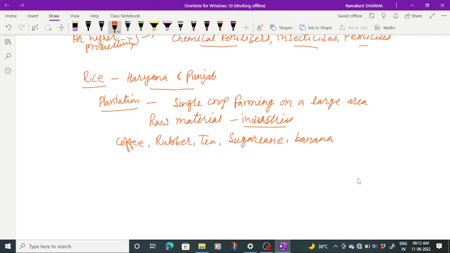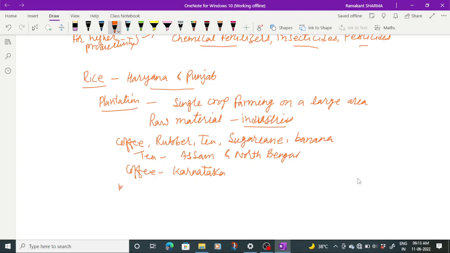We can see tea is grown in Assam and the Northeast, especially in North Bengal. Then coffee in Karnataka. It is mainly for markets.